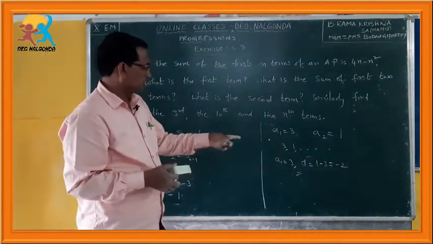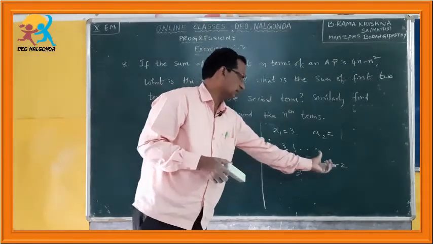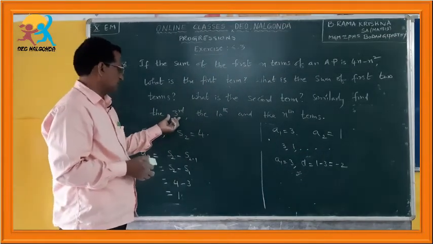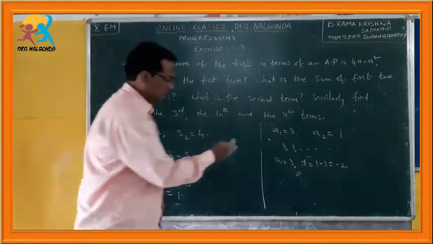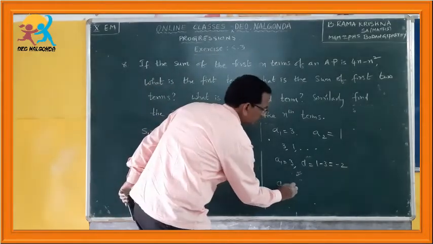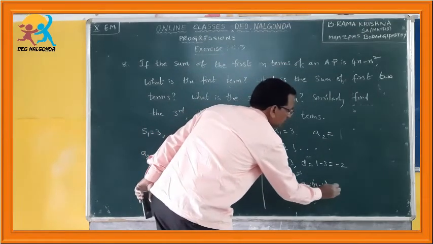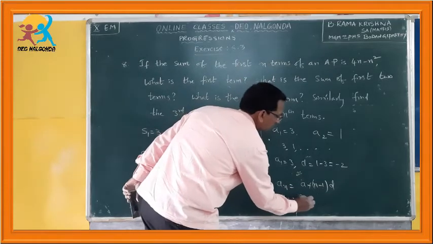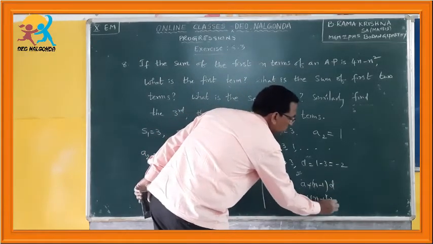With this A and D, the first term and common difference, you can find any term: the third term, the 10th term, also the nth term. What is the formula for the nth term? An is equal to A plus n minus 1 into D. So An is equal to 3 plus n minus 1 into minus 2.